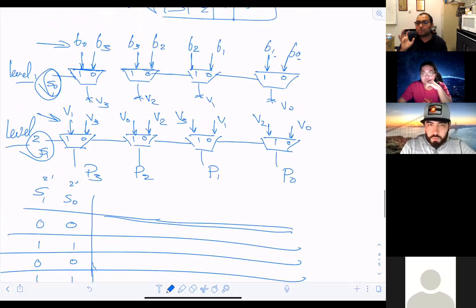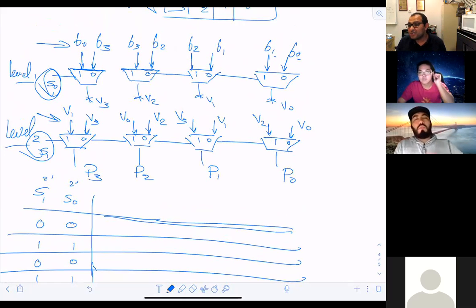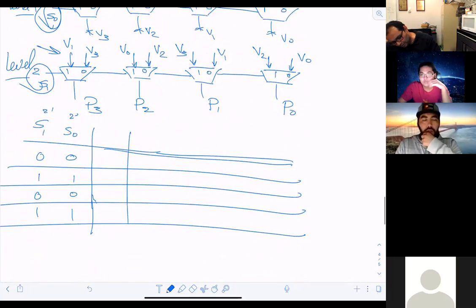Let's actually count. If we have a 4-bit register, how many times can we shift it? 4 times. That's why it's 4. So initially it looks correct. Right? So now we're going to do it like this.